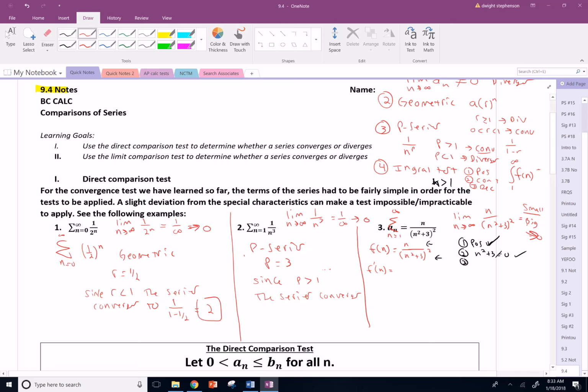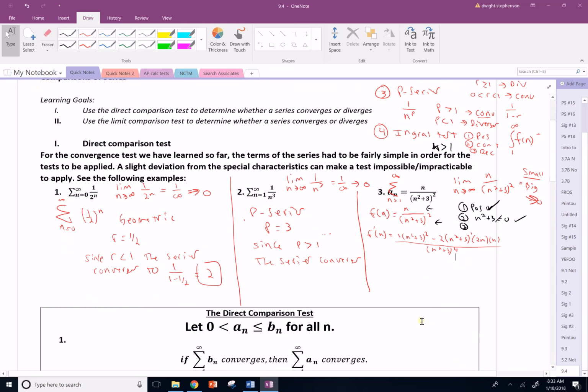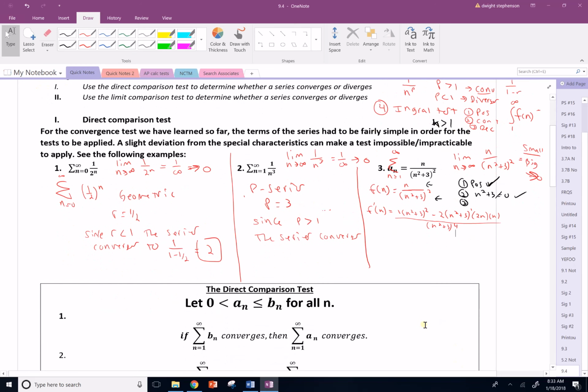So the derivative here is going to be 1 times (n squared plus 3) squared minus 2 times (n squared plus 3) to the first times 2n times n, all over (n squared plus 3) to the fourth, right? If I square a square, you get the 4th power. And let's clean this up. Cleaning this up, we can expand this first thing here.